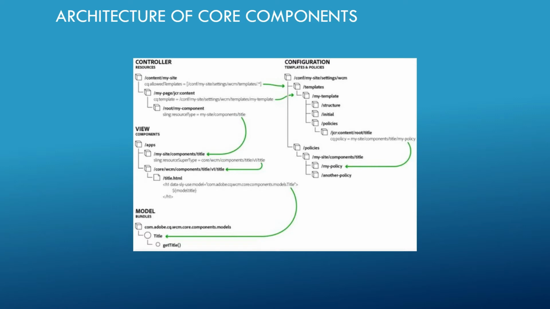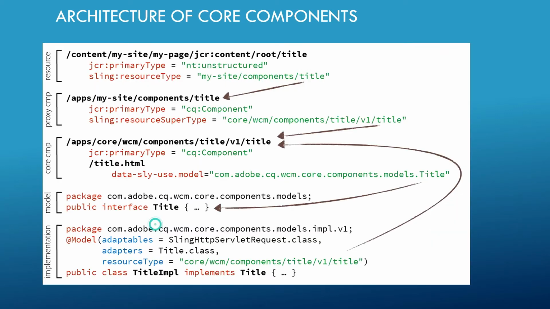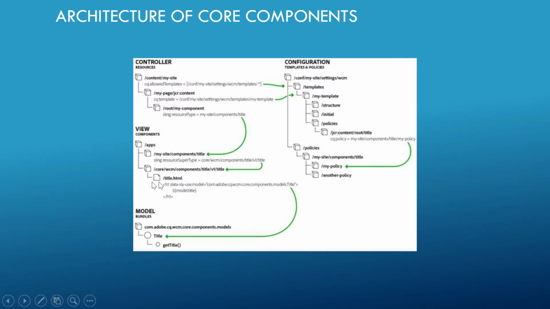It's a core component. There is a title.html with the required HTML template. A model is referred to here, com.adobe.cq.wcm.core.components.models.Title. So title is a model referred from here. Maybe in the next slide, let's see a little more detail.